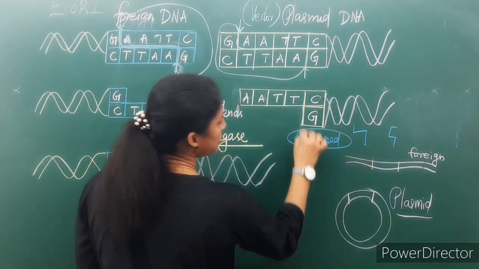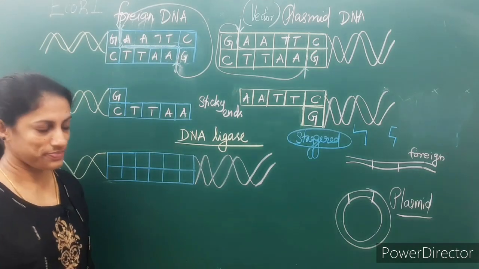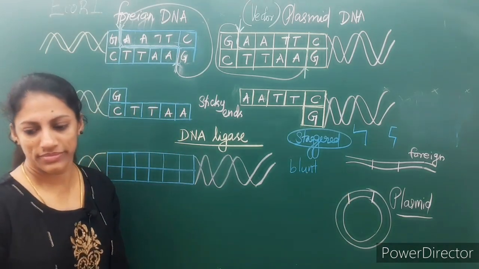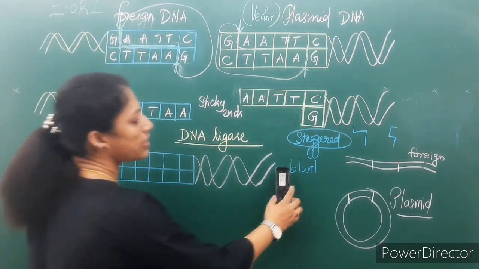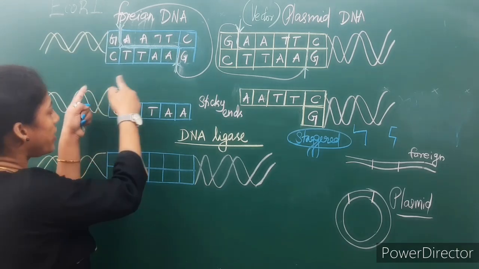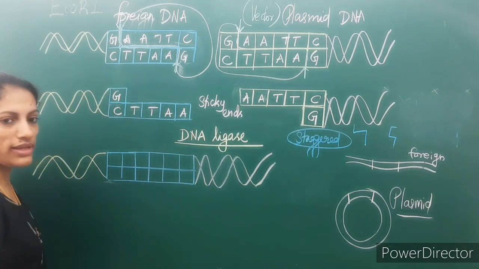The staggered end cut is shown here. There is a blunt end cut also, I mean a straight way cut. The opposite type is the blunt end cut. So a sticky end cut is called a staggered cut. Anyway, this way sticky ends are produced. Easily they can be joined by the DNA ligase enzyme.